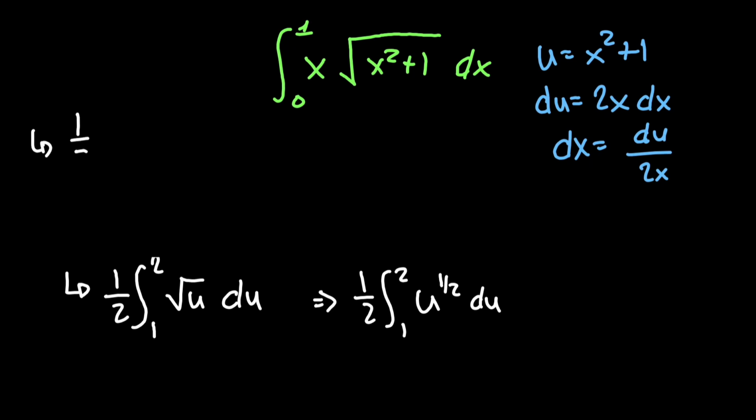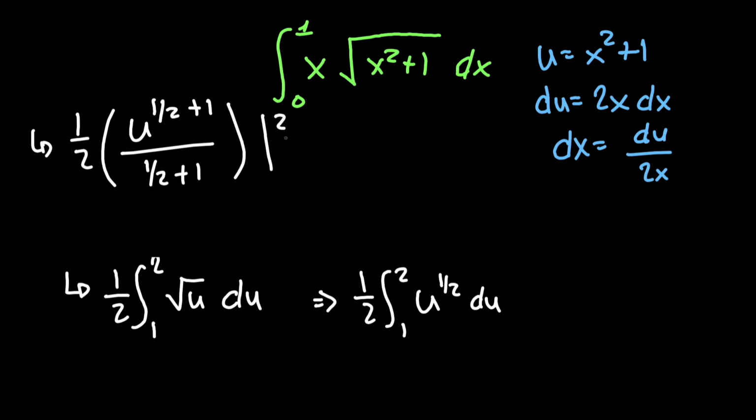So this would be 1/2 the integral of u to the power of 1/2. So this would be u to the power of 1/2 plus 1 over 1/2 plus 1 from 2 to 1. 1/2 plus 1 would be equal to 3 over 2.